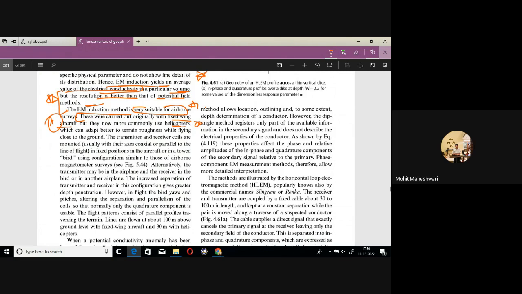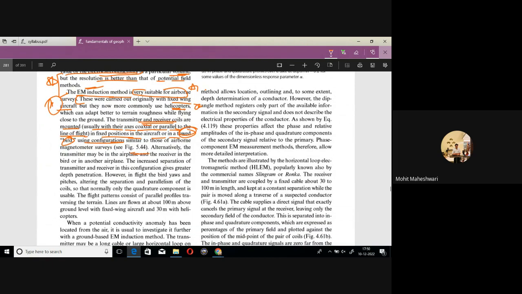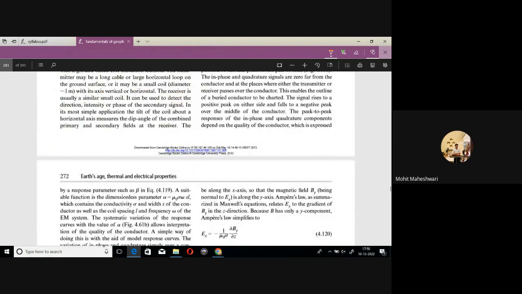The transmitter and receiver coils are usually mounted with their axes coaxial or parallel to the line of flight, in a fixed position on an aircraft, or towed as a bird using the configuration. This is given in the magnetic field chapter, and we can draw it here also. Let's say this is the helicopter.